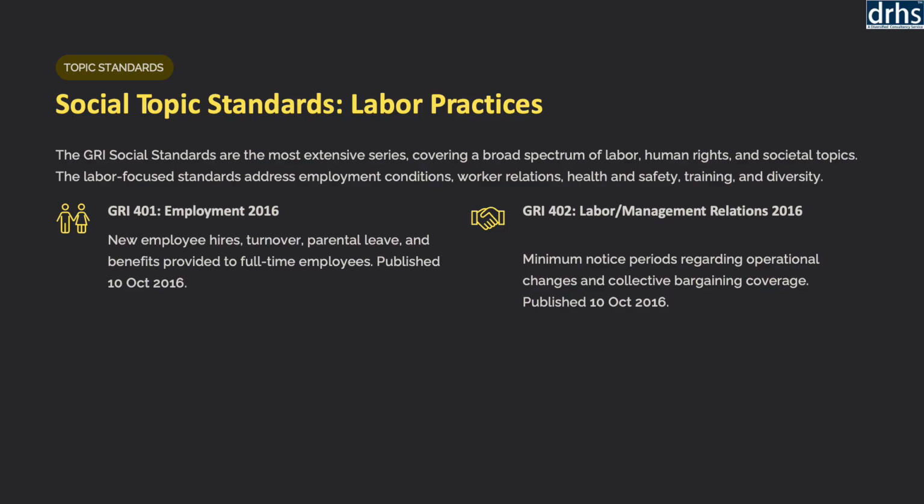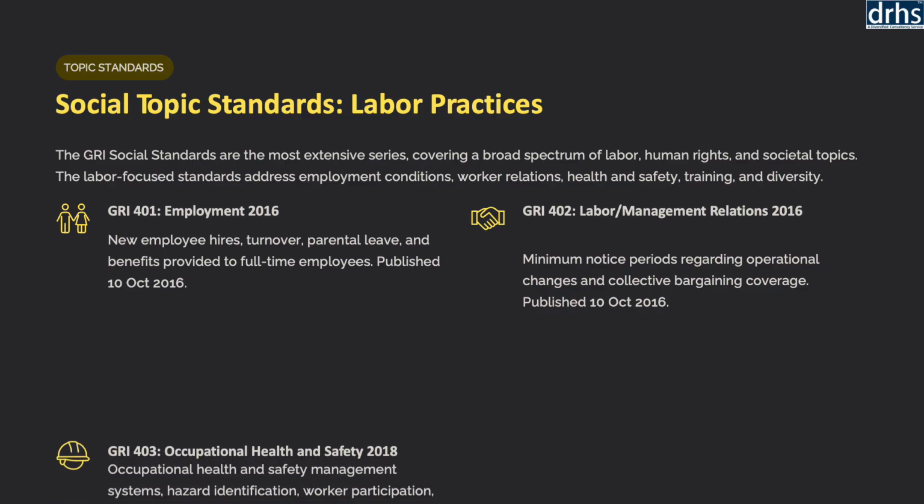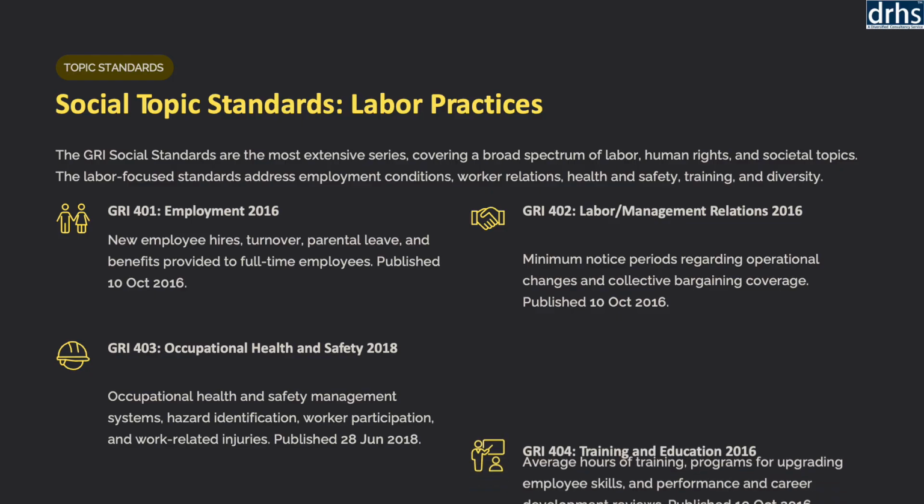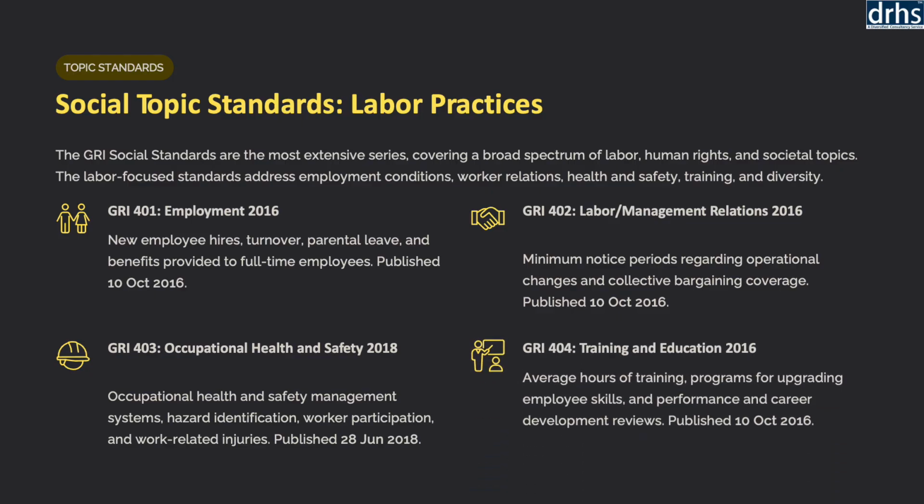The focus on worker well-being is further reinforced through GRI 403, Occupational Health and Safety, 2018, which mandates robust systems to identify, manage, and mitigate workplace risks, thereby ensuring a safe and healthy working environment. Meanwhile, GRI 404, Training and Education, 2016, emphasizes continuous learning, skill enhancement, and career development, aligning workforce capabilities with evolving organizational and industry demands.